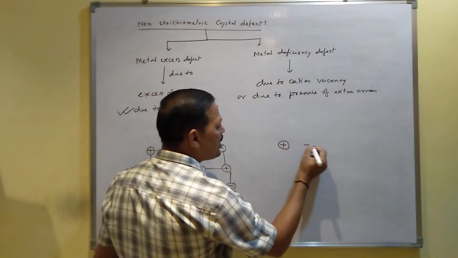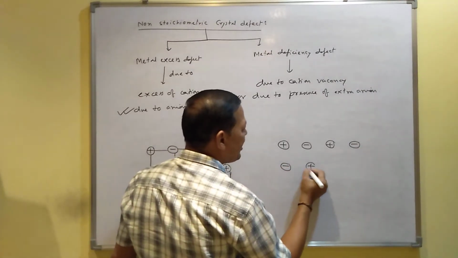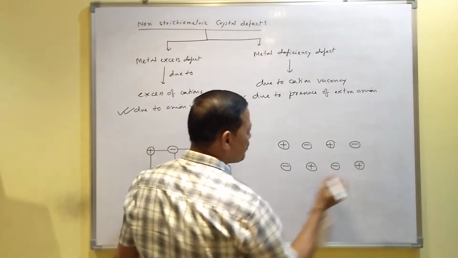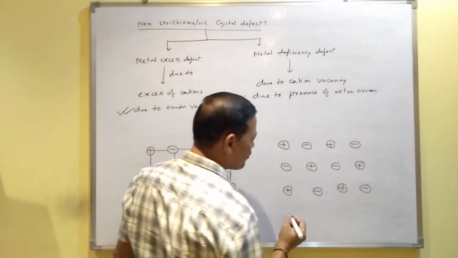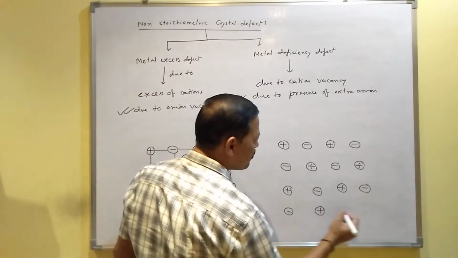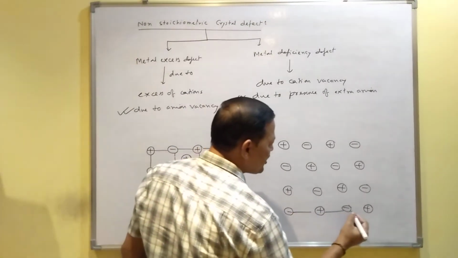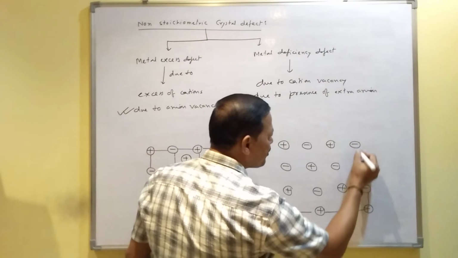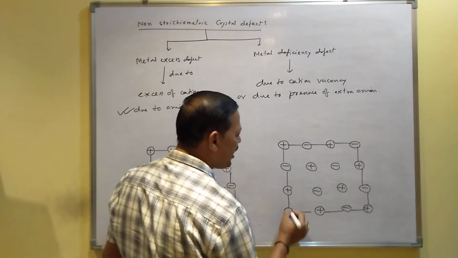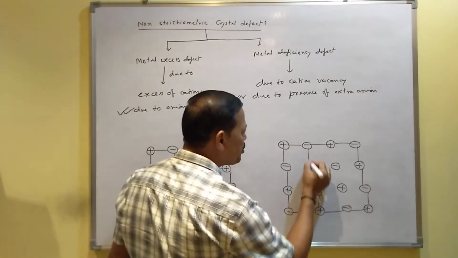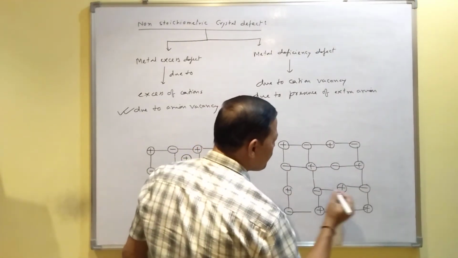Suppose this is one of the crystals in which the positive and negative ions are arranged like this. Here all the cations and anions are bonded with each other like this. And now it is an ideal crystal because there is no defect. All the cations and anions are in their own position. So that is why no defect is present here.